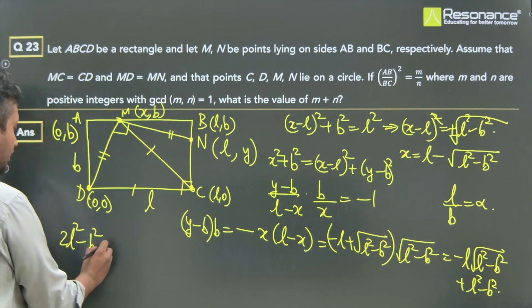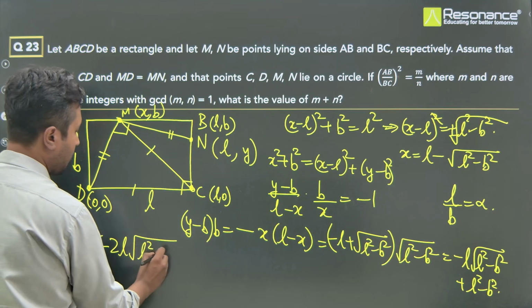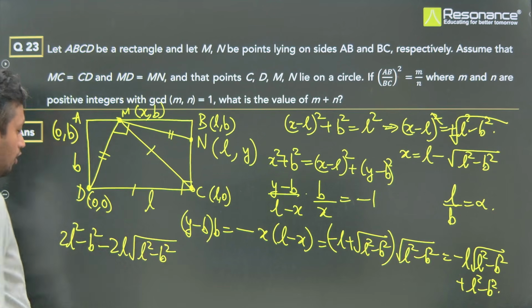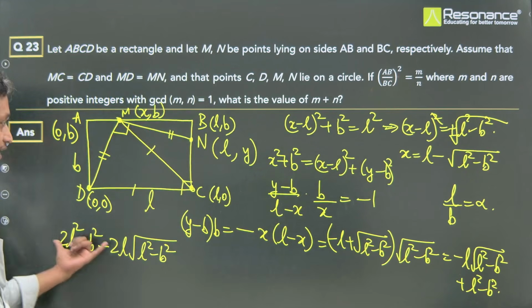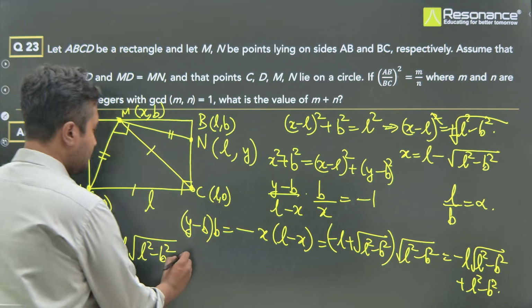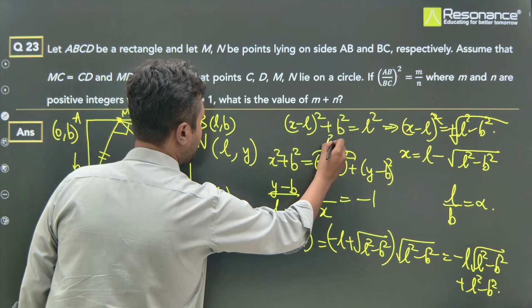Okay, we are not done yet. Minus 2L into square root of L square minus B square. All of that is nothing but x square. That's all. So all of that, x square, is equal to, let's remember that this piece was L square minus B square.